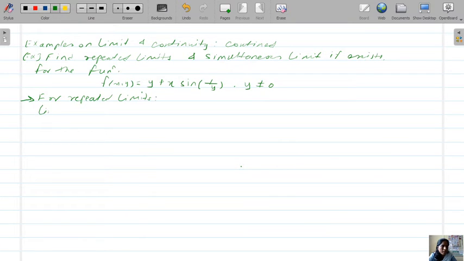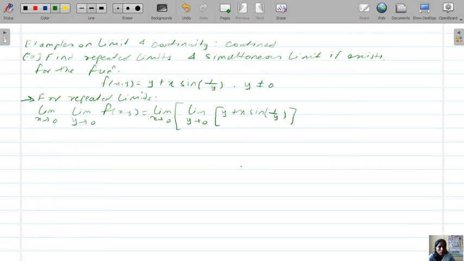Take limit x tends to 0, then limit y tends to 0, f of xy, that is equal to outer limit as it is, limit x tends to 0, inner limit y tends to 0, put the given f of xy, that is y plus x sine 1 upon y in square brackets.